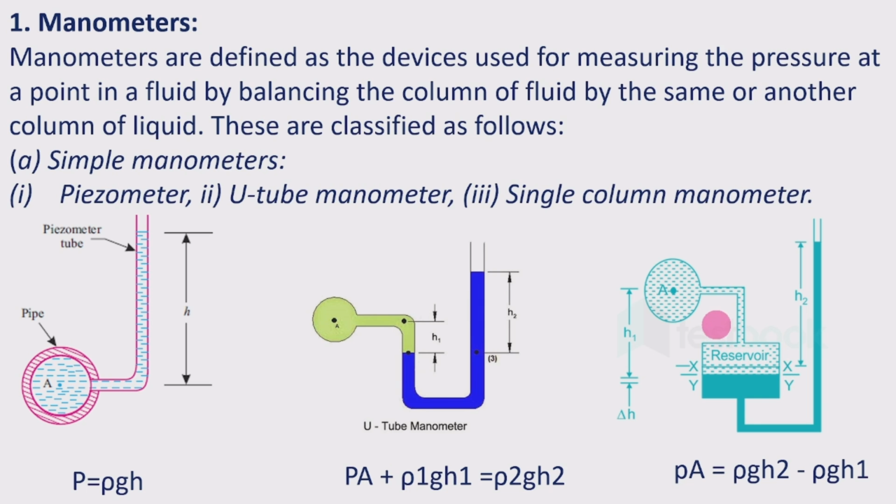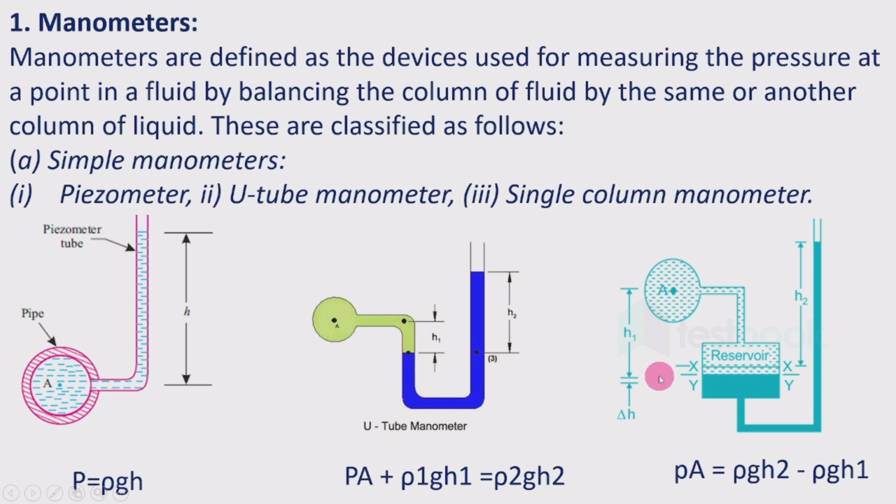Before connecting to pipe A, the heavier fluid in the manometer is at level XX. When we connect it to the pipe, due to the pressure the level of the heavier fluid falls by a distance delta h and becomes a new level YY.